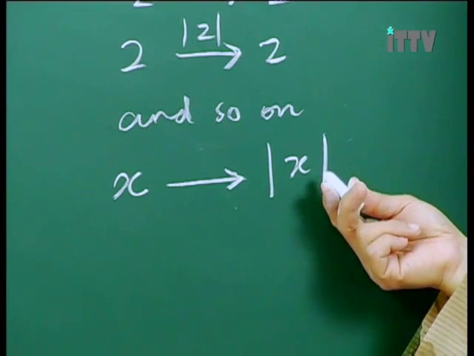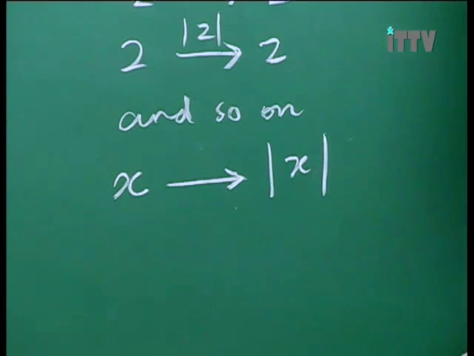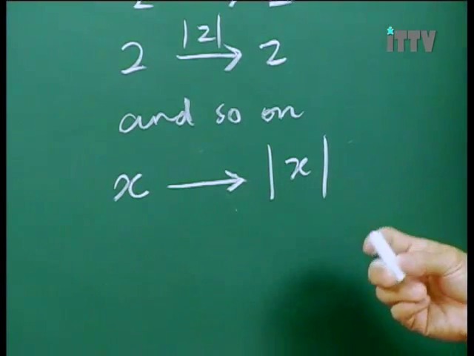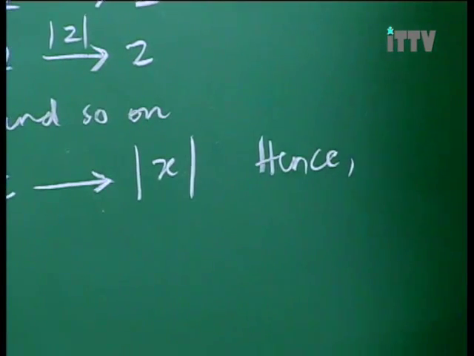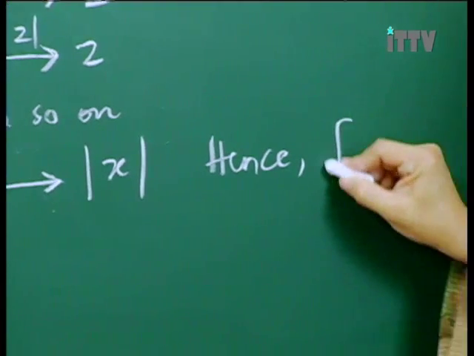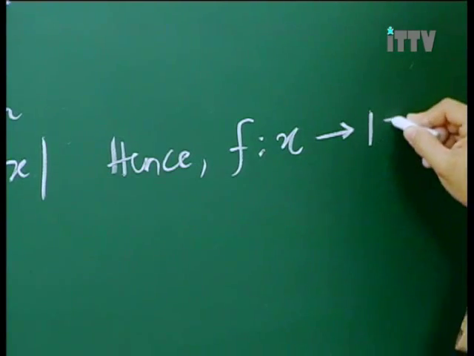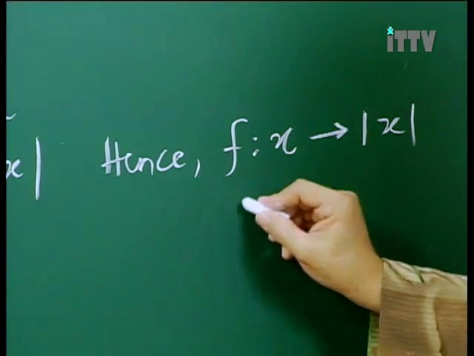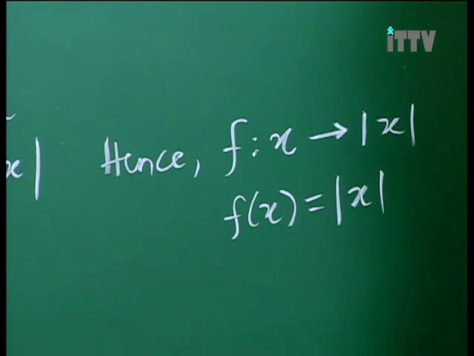Occasionally, we also use the word modulus to represent the absolute value symbol, so don't be surprised if you sometimes hear people saying that the function is the modulus of X. Hence, in function notation form, we could say that the function f maps x onto its absolute value, or f of x is equal to the absolute value of x.